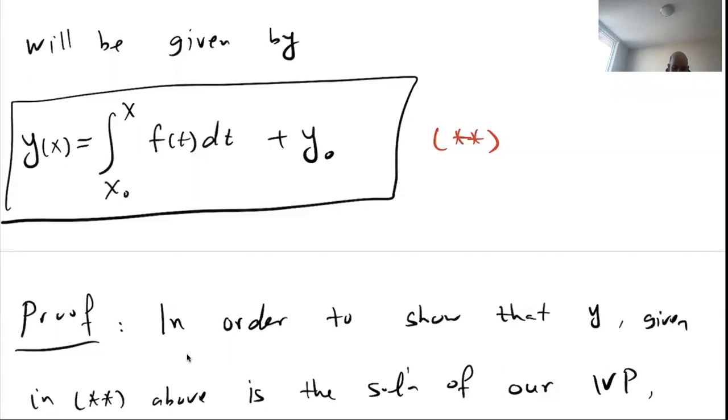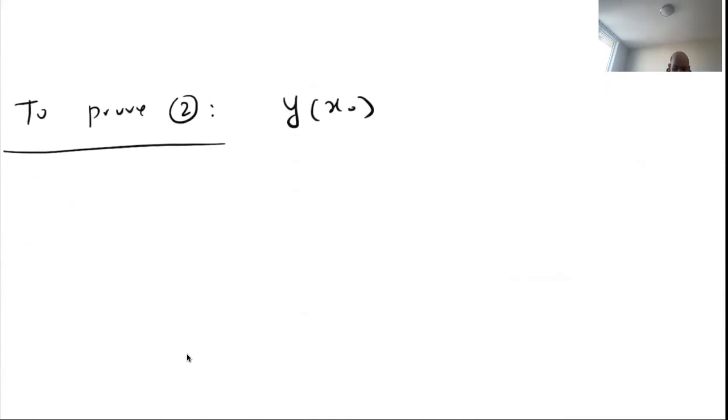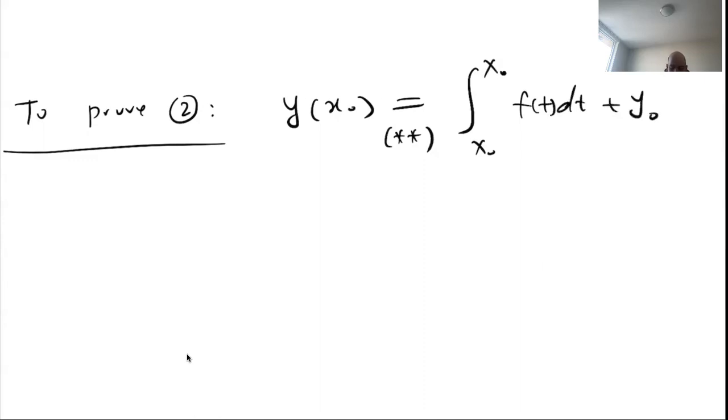So y of x0 will be the integral from x0 to x0 of f of t dt plus y0. And the integral from x0 to x0 is always 0. So this is 0 plus y0, and this is y0.